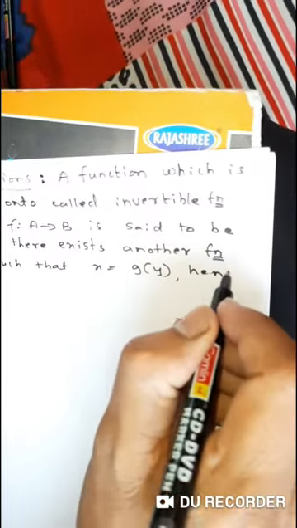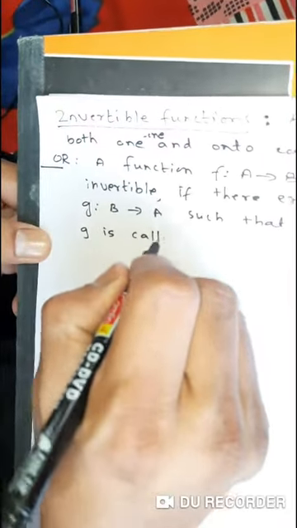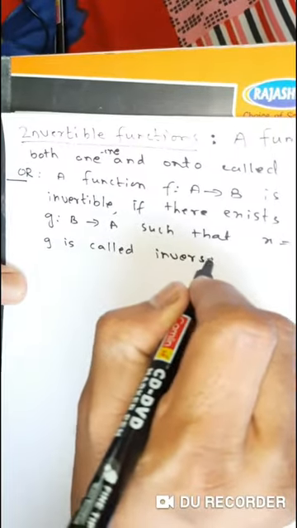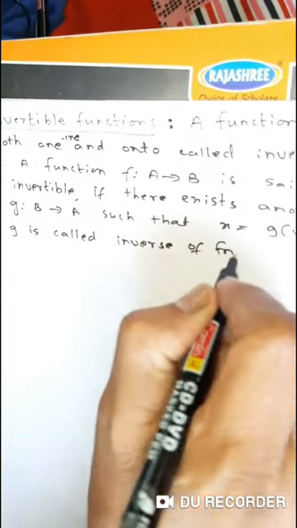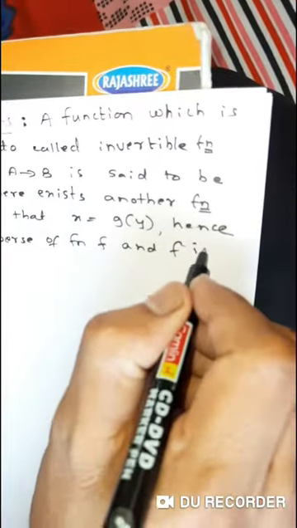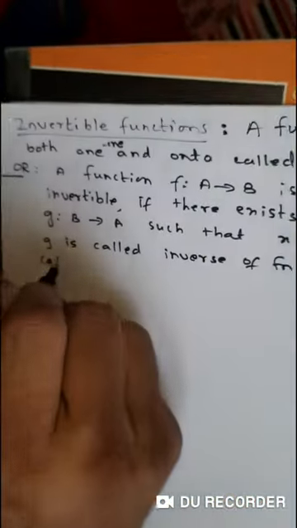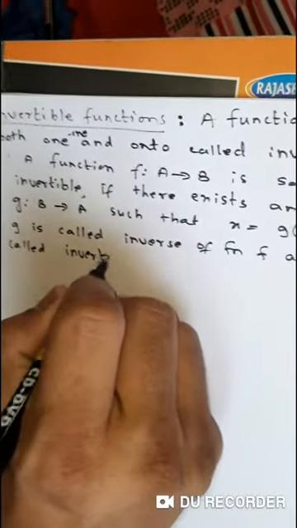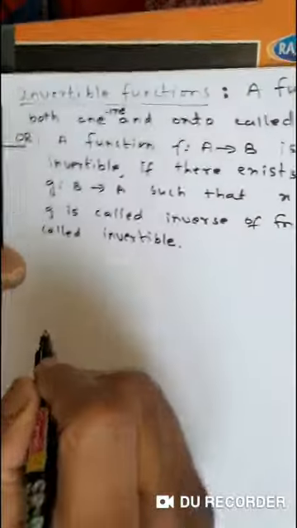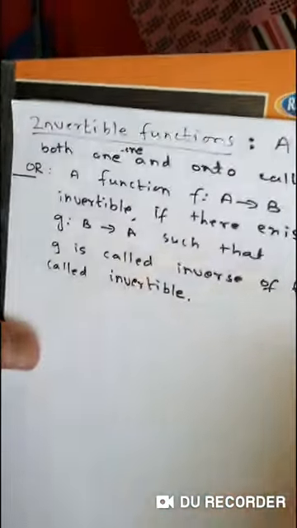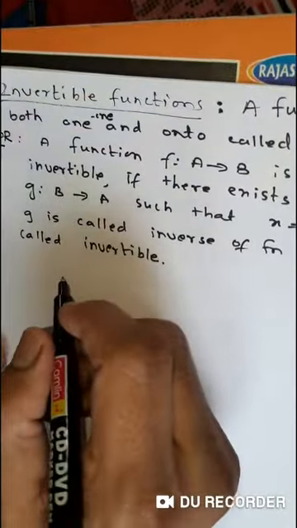Hence g is called the inverse of function f, and f is called invertible. So these are the two definitions of invertible functions.